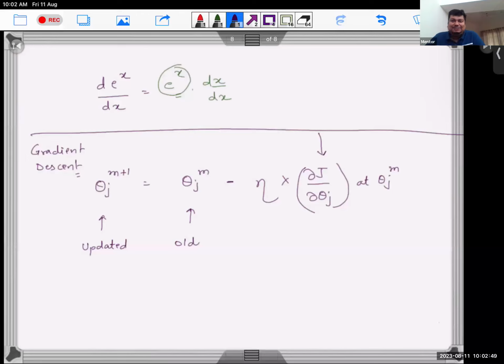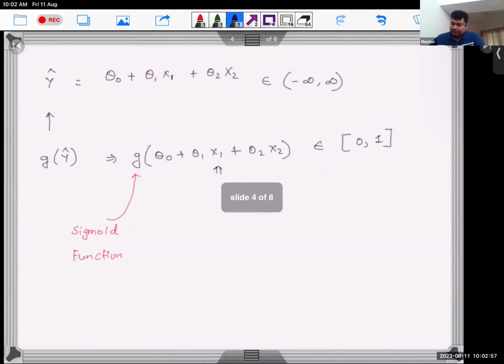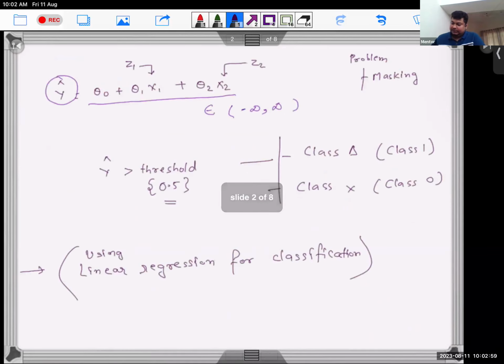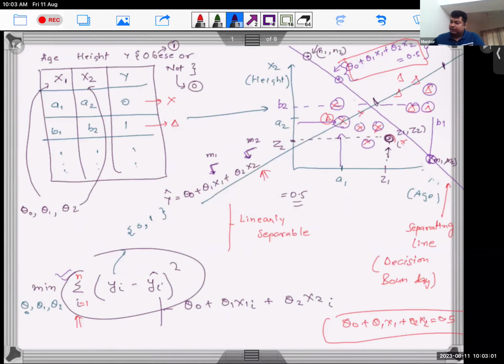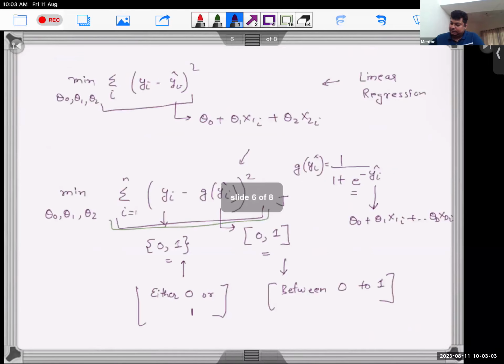However, there is a big problem. The big problem is this function is not convex anymore. This squared function which I wrote, when you are using this g of I hat, because of the introduction of exponentials, is not convex anymore. So if this function is not convex anymore, what is the problem?